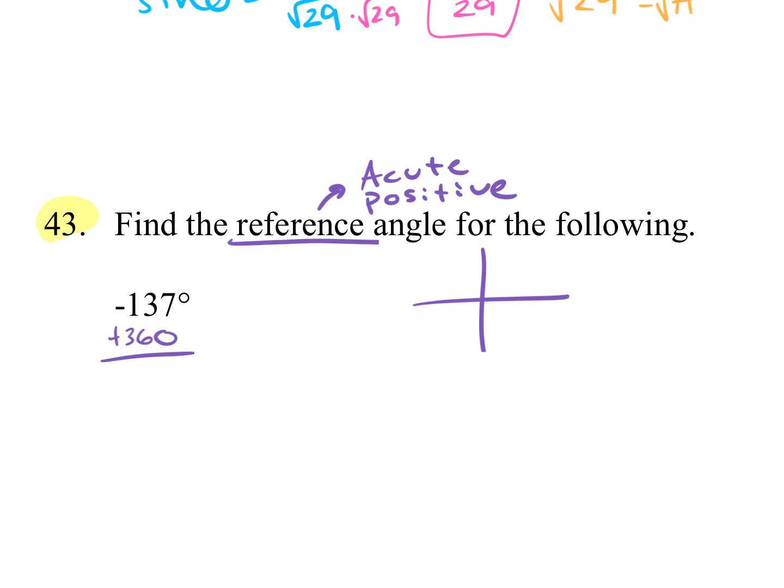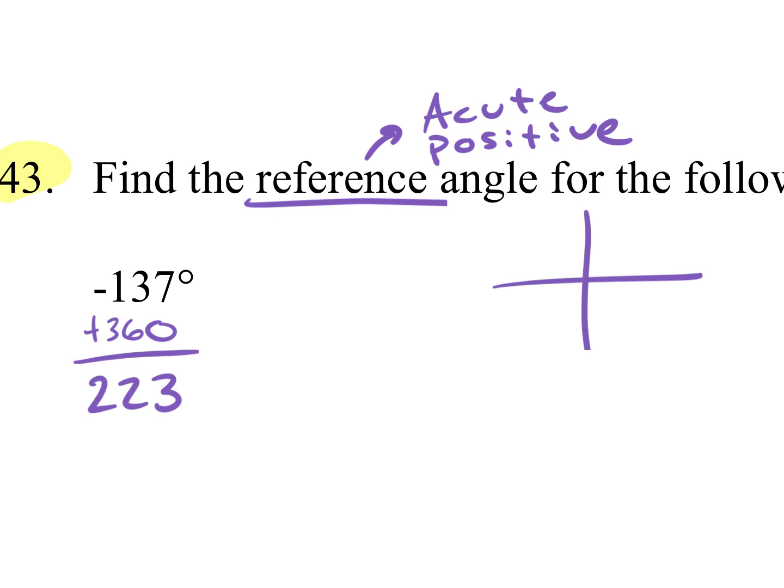So 360 plus negative 137. We get 223. To find our reference angles, if we're in the first quadrant, the reference angle is going to be whatever theta is. Second quadrant, we do 180 minus theta. Third quadrant, theta minus 180. And fourth quadrant, 360 minus theta.